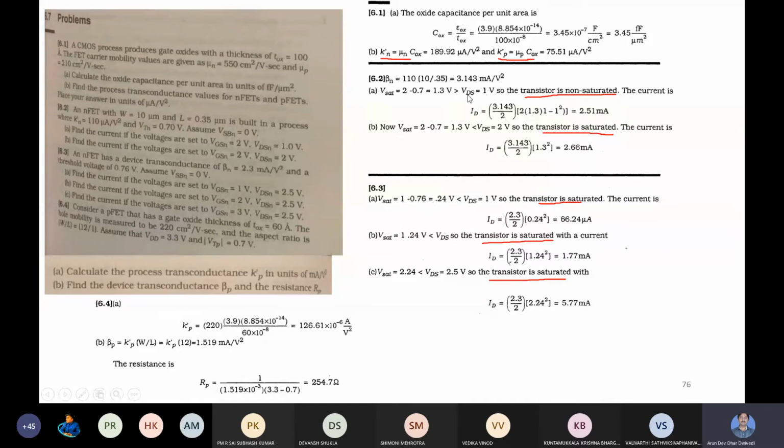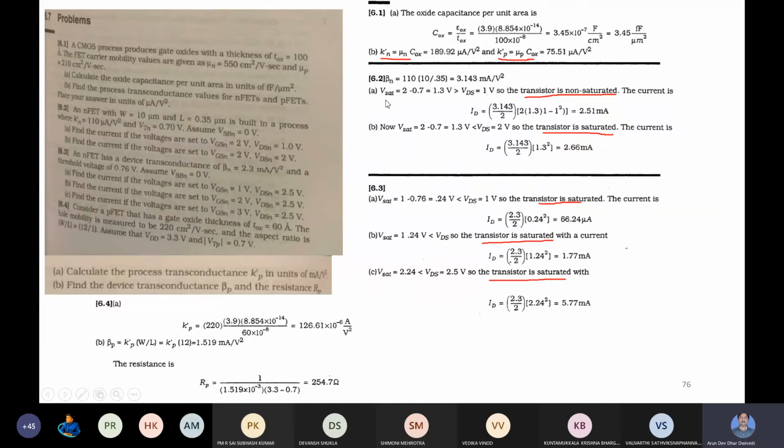Also if VDS has some value which is greater than VGS minus VT, then it is in saturation region, and if VDS is less than VGS minus VT, then it is in linear region. This must be decided: whether this transistor is working in saturation or linear region can be decided by finding out VDSAT. What is the saturation voltage which must be applied to the drain?